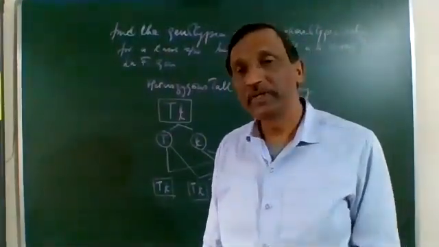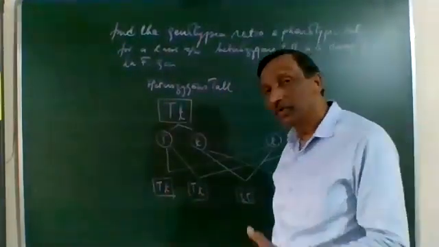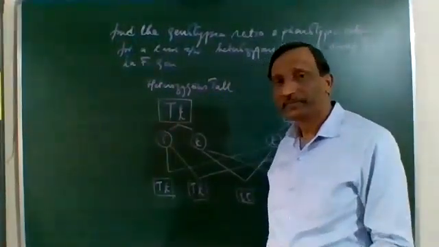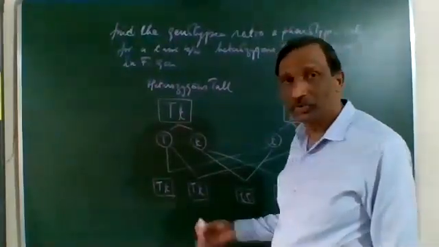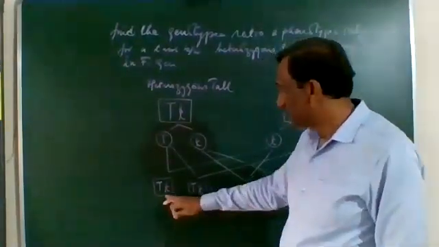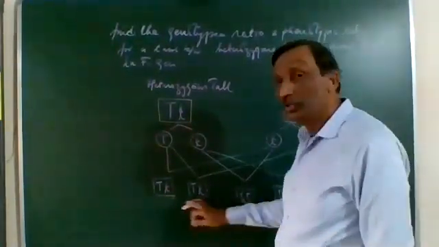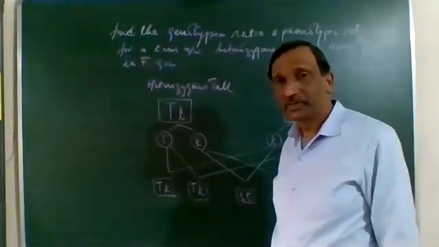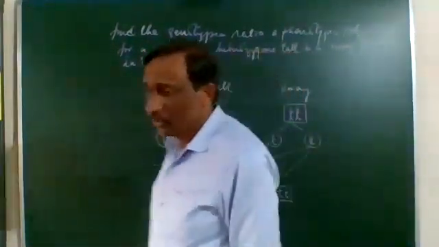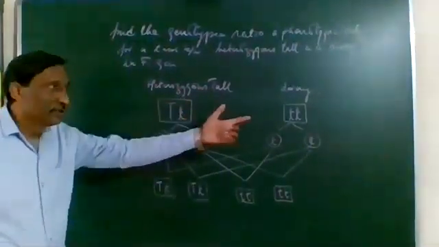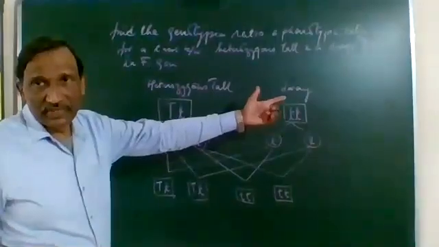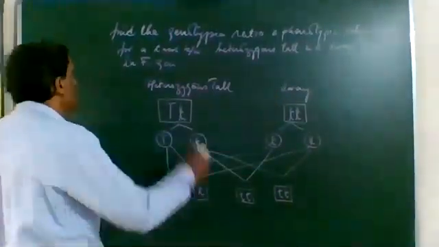So the phenotypic ratio and genotypic ratio both are 1:1. Two of this type and two of this type, 2:2, equal to 1:1, and these are tall and these are dwarf. Dwarfness is always recessive.